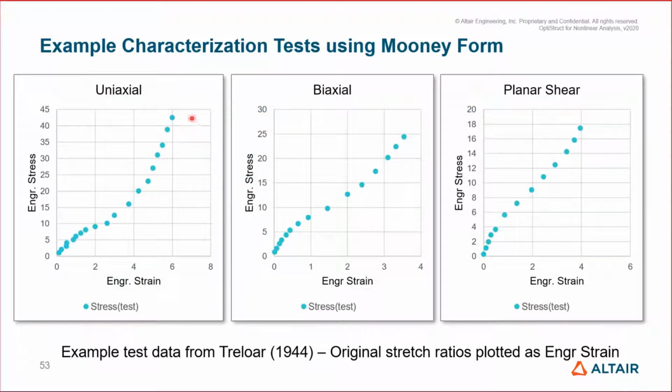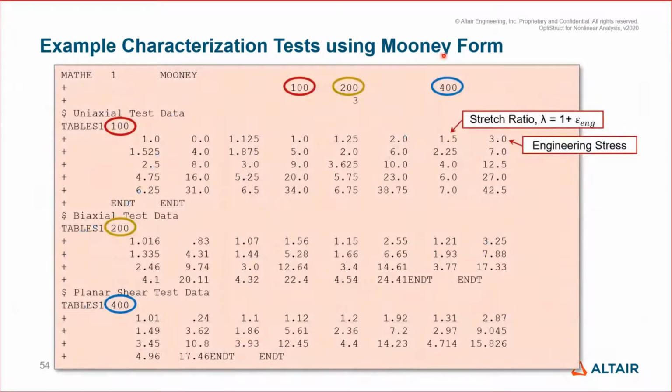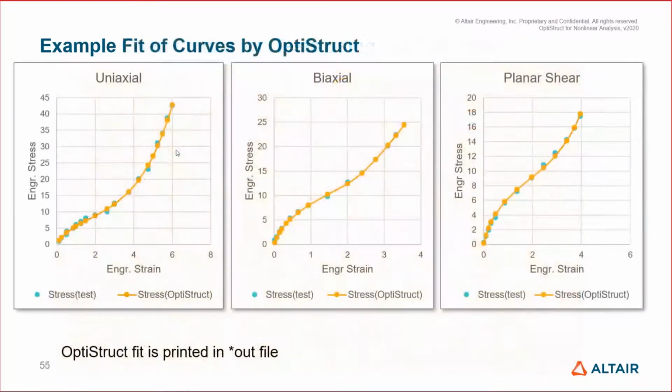So here is an example of the 3 test data, plotted using the Mooney-Rivlin model. These are the data that you provide, and then this is the curve fitting that we have done. The blue one is the stress strain data that we provided, and the orange one is the curve fitting.